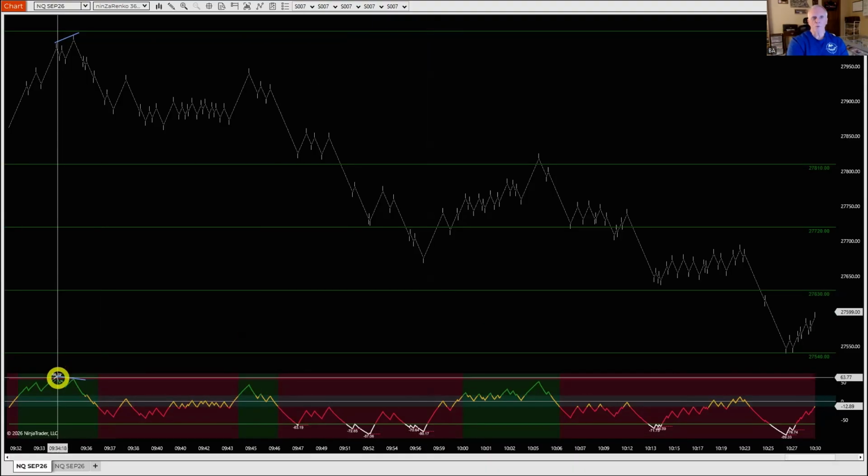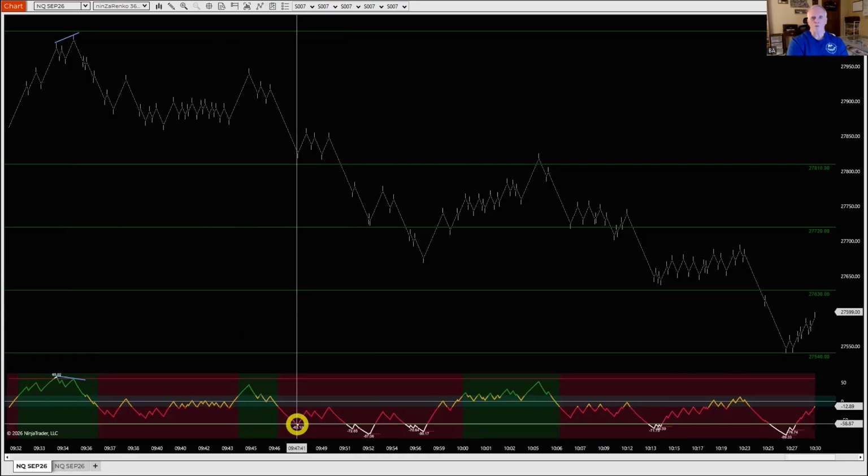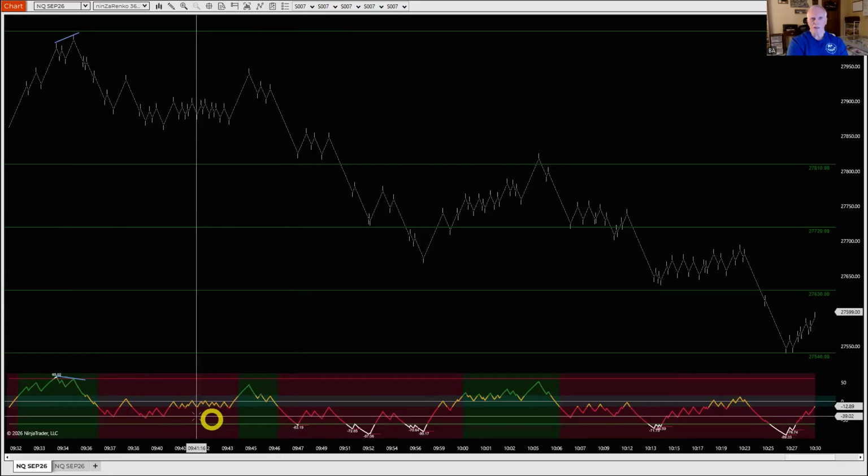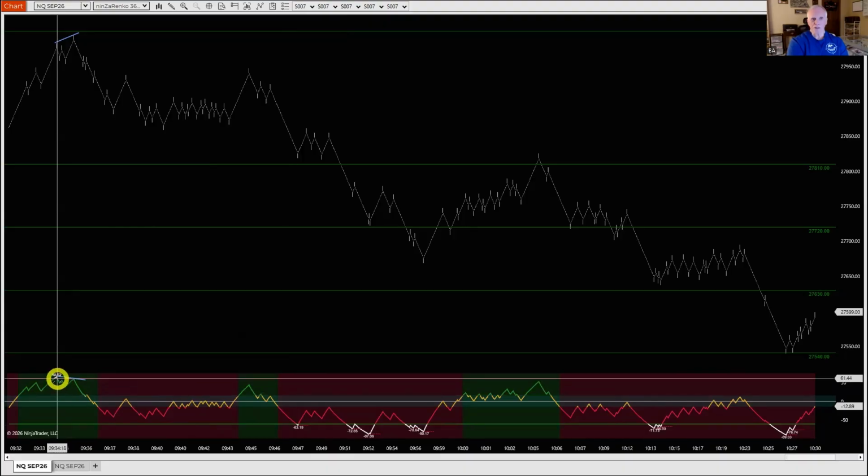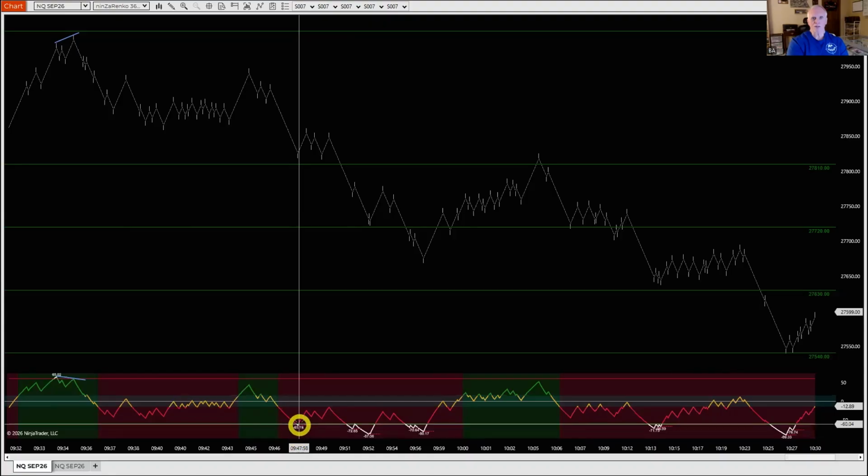The reset is when you probe through the upper threshold and you probe through the lower threshold. That's the reset right there. So you can look for bearish divergences as long as you don't get a puncture at the lower threshold level.